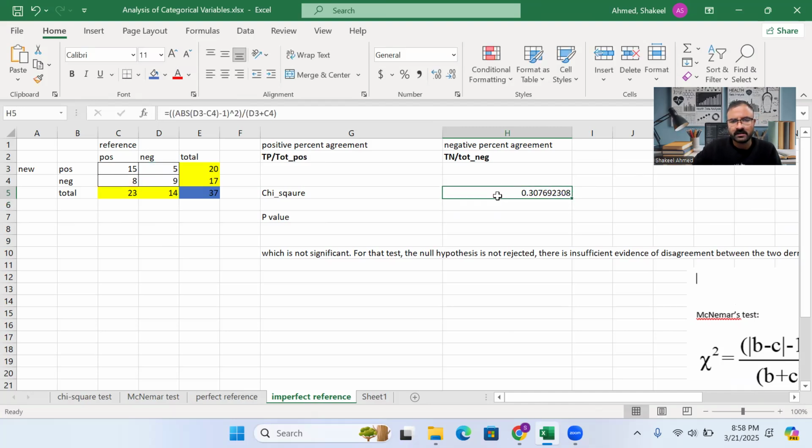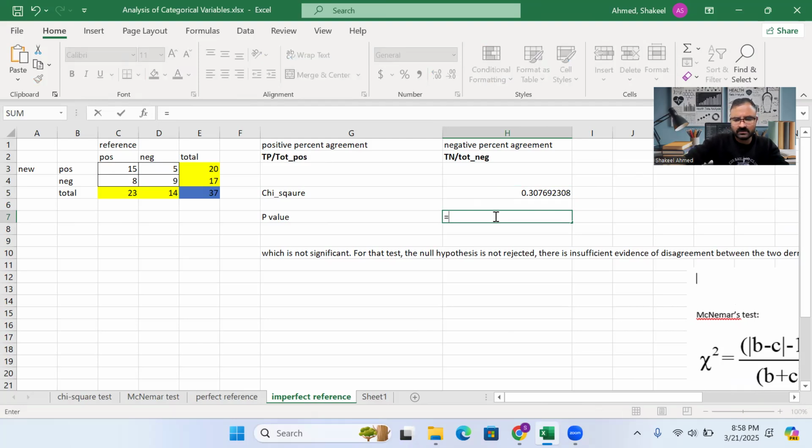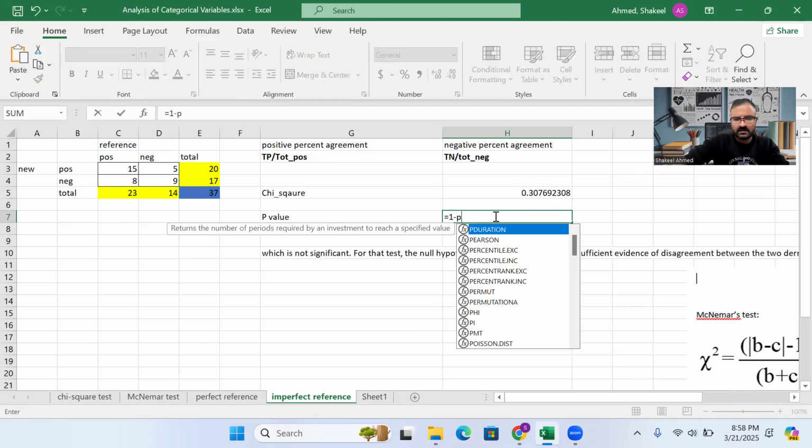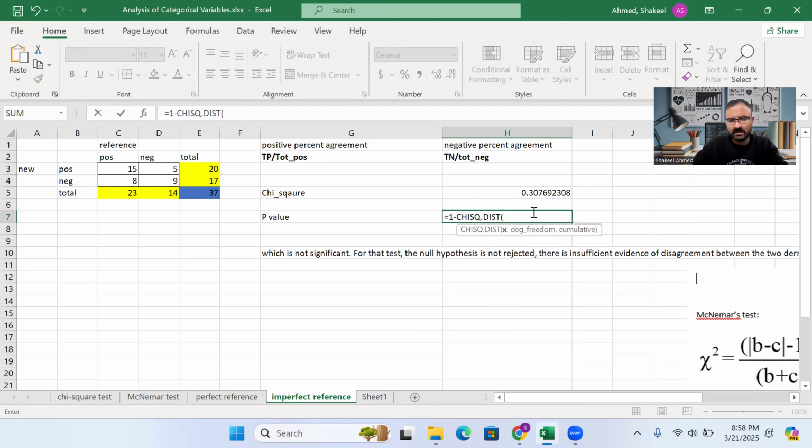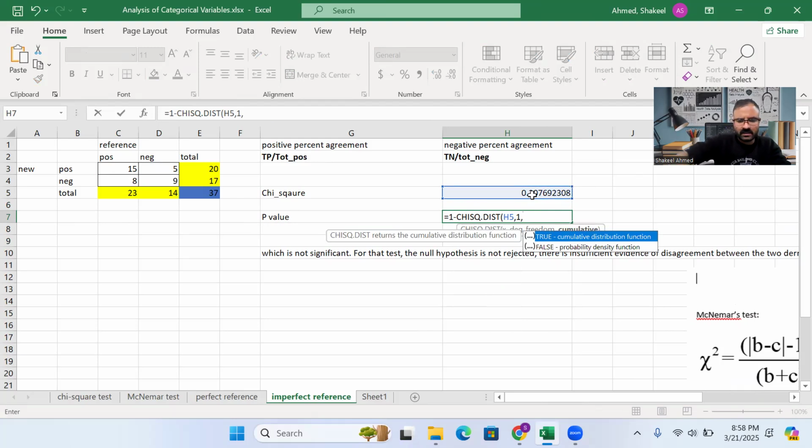So this is the value of chi-square, and you can find the p-value, that is 1 minus the chi-square distribution, the cumulative probability, with the value of the test statistic, and the degree of freedom is 1, and the cumulative is equal to true.